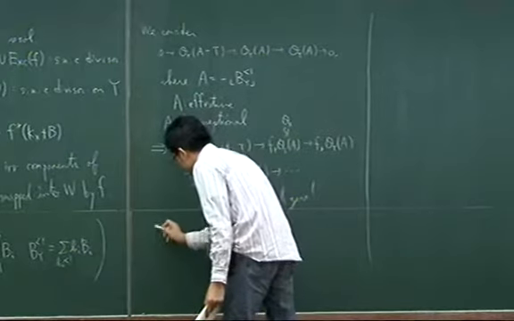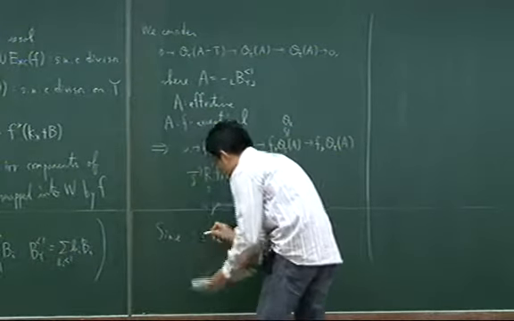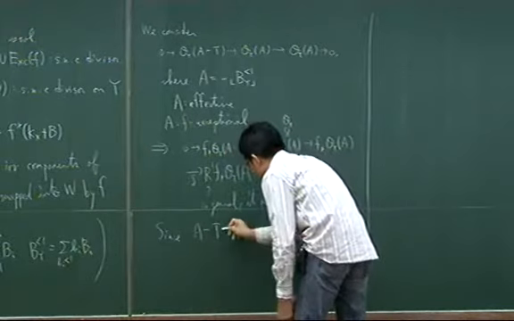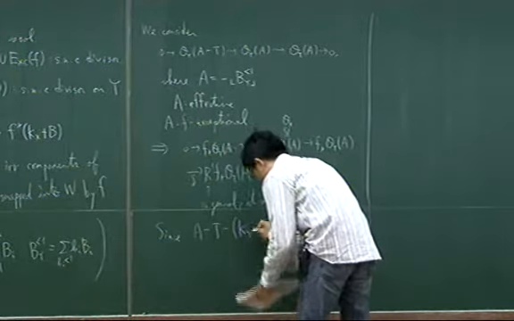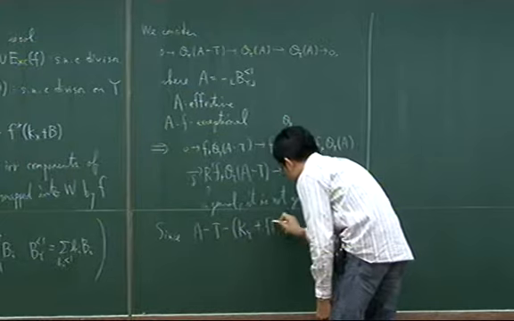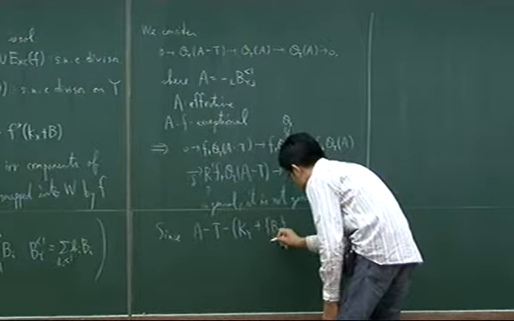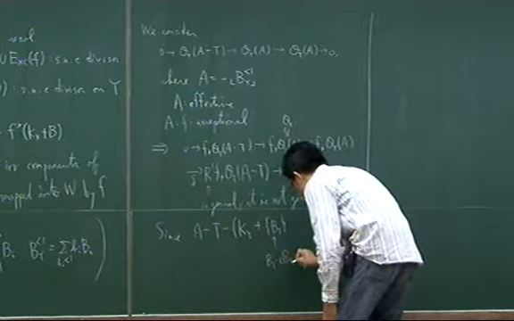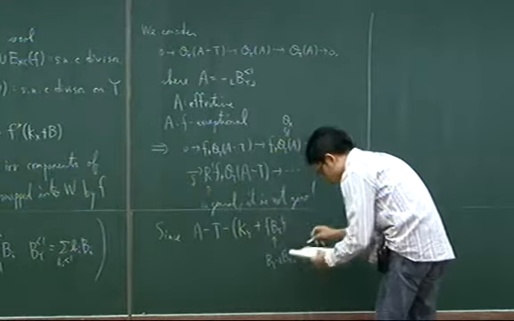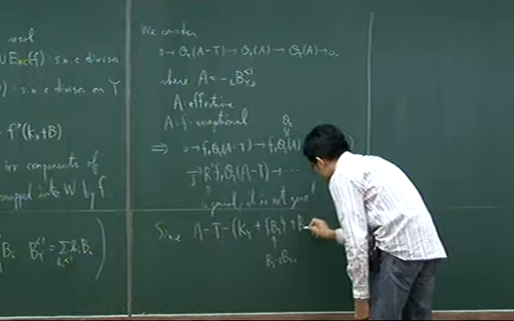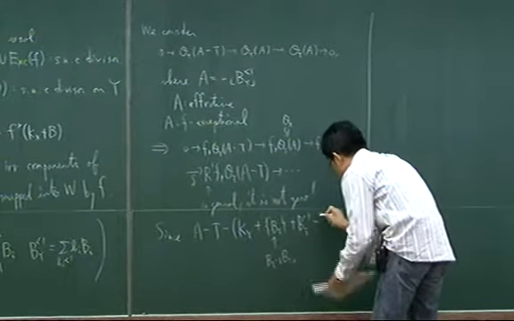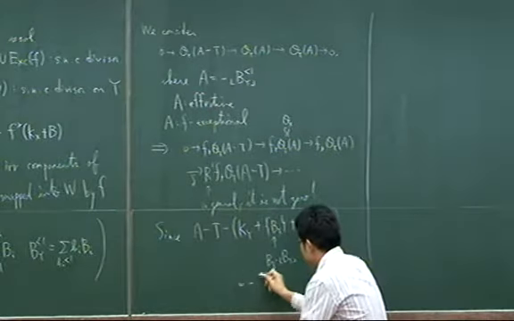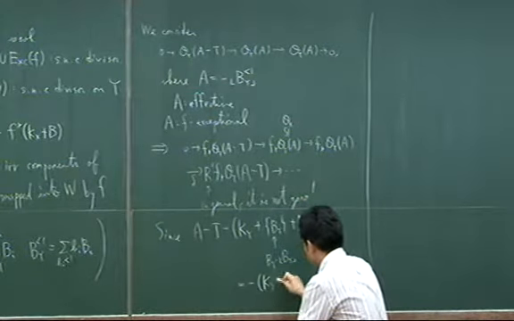However, A minus T minus (K_Y plus the fractional part of B_Y plus B_Y^{=1} minus T) is equal to minus (K_Y plus B_Y).